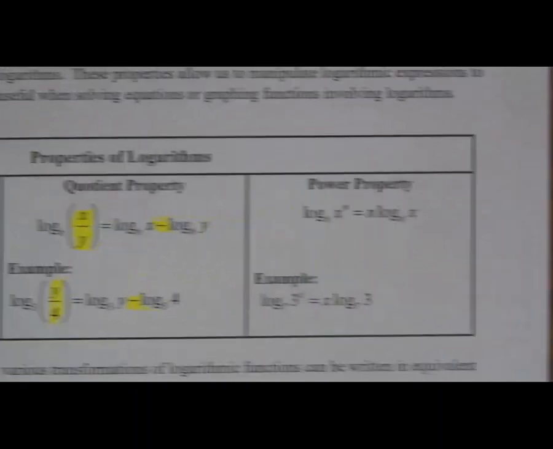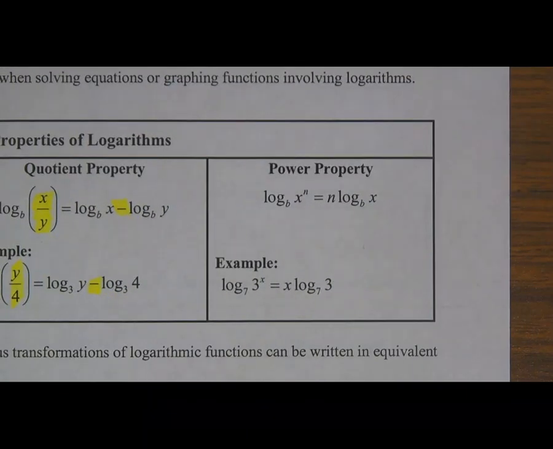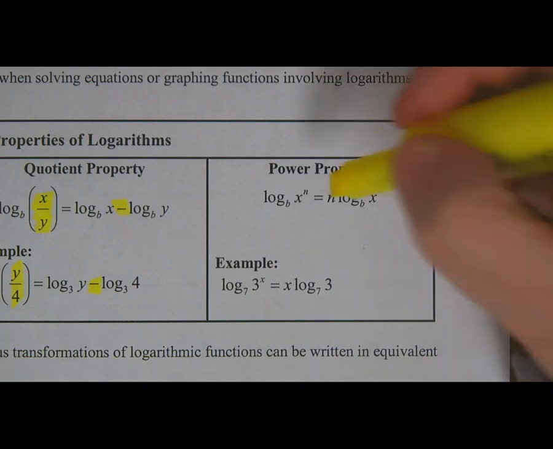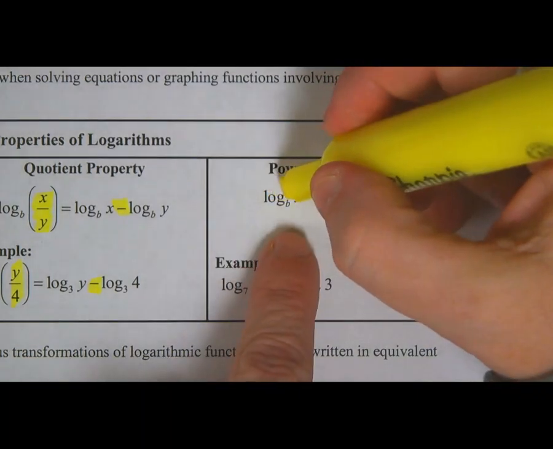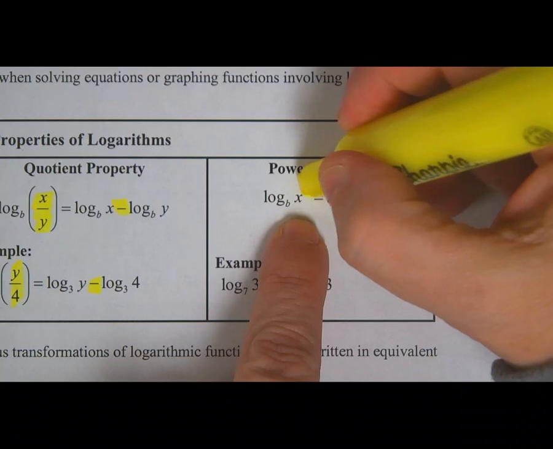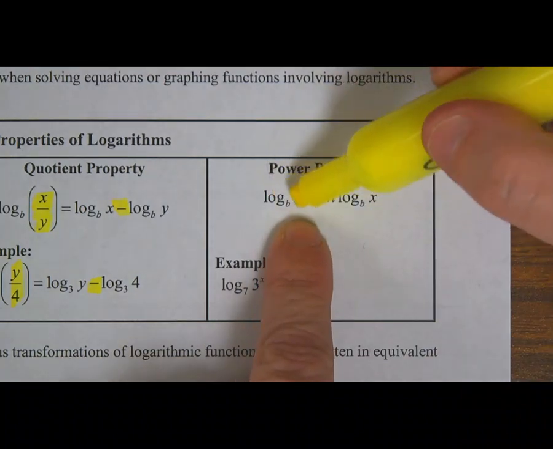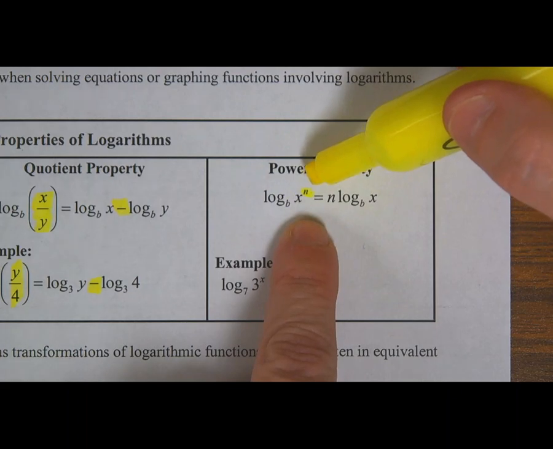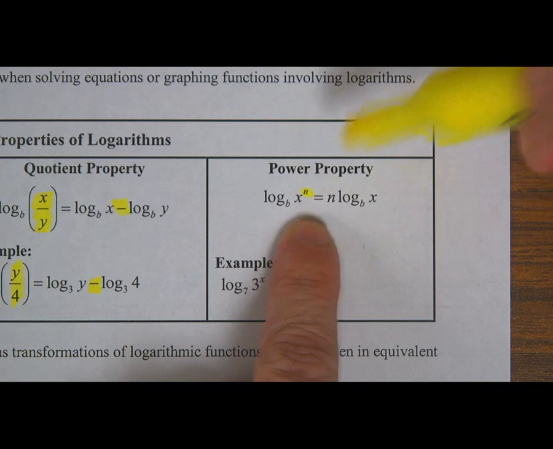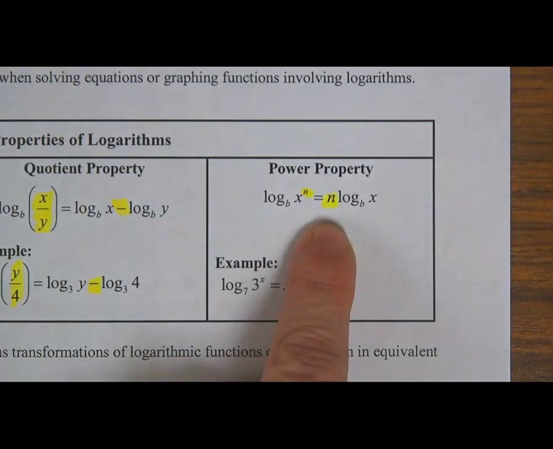And then lastly, this really isn't even going to feel like you're doing anything. It's not going to feel like it's one of the properties that you have to memorize. If you have a log of something that's raised to a power, so that's really what this is about, log base b of x to the power of n, there's a log property that says when you expand that, you just move that exponent to the front, and it becomes the coefficient.